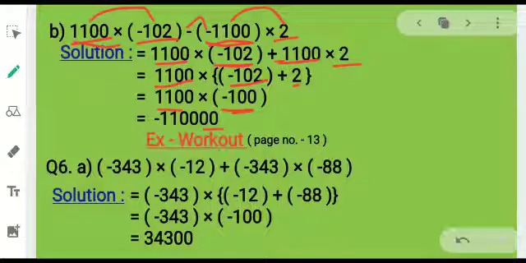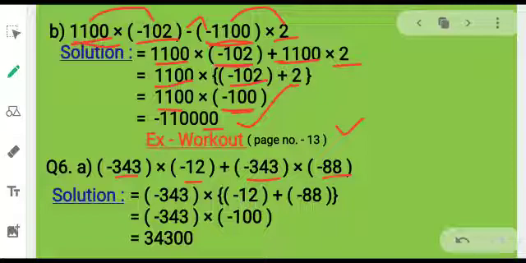Here I have taken a question from workout exercise, which is given on page number 3. It is a part of question number 6. Minus 343 multiply by minus 12, minus 343 multiply by minus 88. You can see that minus 343 is present in both terms.